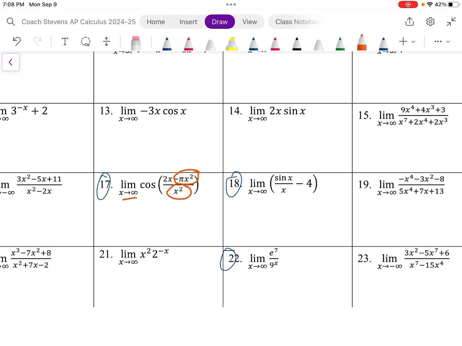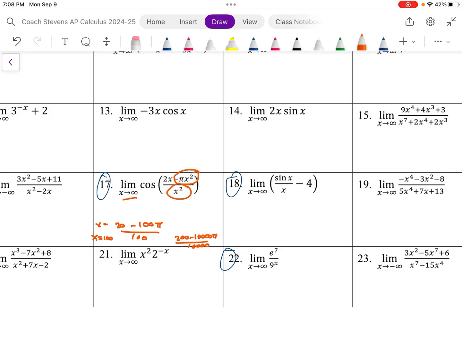You think about it. If I put x is equal to 10, I get 20 minus 100 pi over 100. If I put in x is equal to 100, I'm getting 200 minus 10,000 pi over 10,000. So really, the 2x isn't going to make an impact on the overall limit as we go out to infinity.